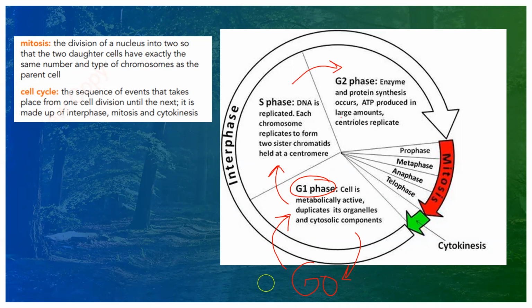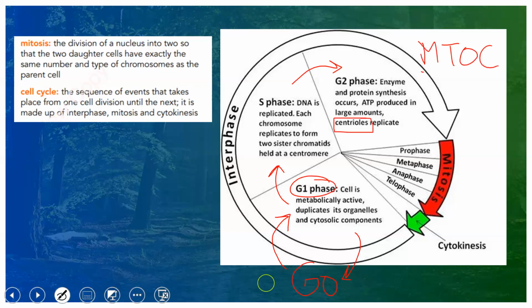And from that onwards, from the G2 phase, at any point the cell replicates its centrioles. Remember those organelles called centrioles? I call them the MTOC, the microtubule organizing centers.